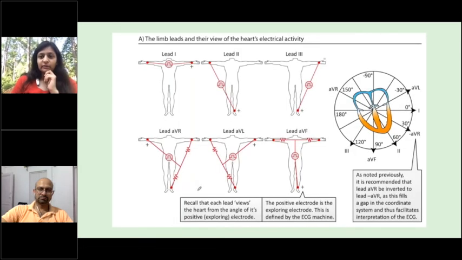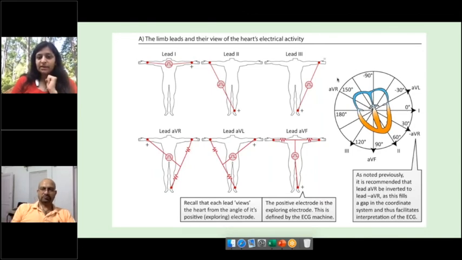Okay, so this is what we were talking about, the electricity flowing, okay? So you have lead 1, in which you have a positively charged lead in your left arm, and the electricity is flowing from the right arm to the left arm. So basically what you're doing is you're cutting the heart at a 0-degree angle. So look at the figure on the right.